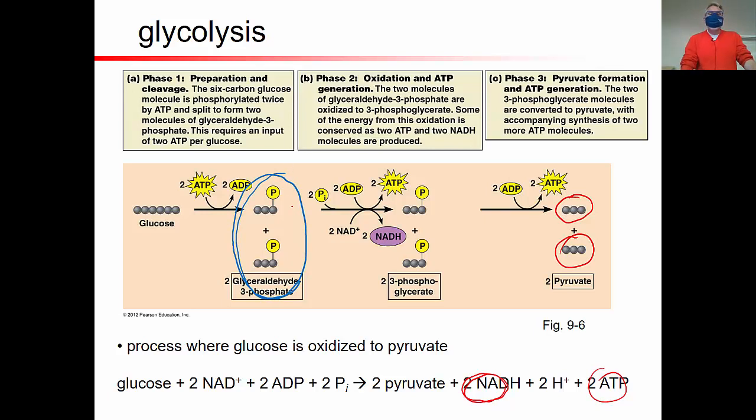And the cool thing about glyceraldehyde 3-phosphate is it can either keep being broken down, or we can reverse that process in a process called gluconeogenesis to produce glucose.